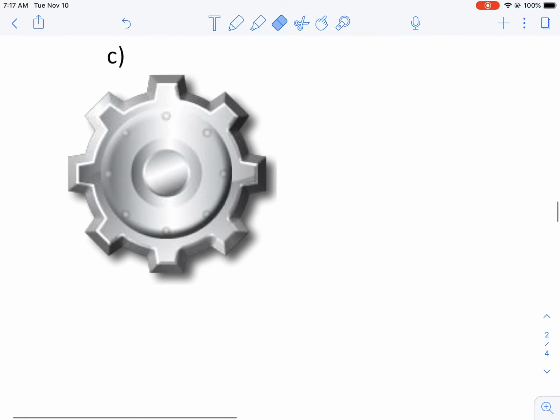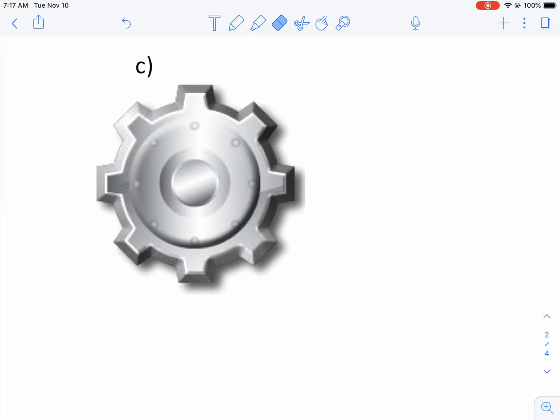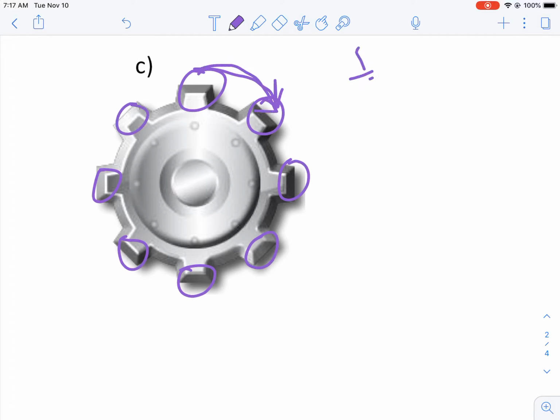C has a lot of symmetry, okay? Remember, the closer it is to a circle, the less it has to go. This only has to go to here to look the exact same, right? So how many spokes are there? There's 1, 2, 3, 4, 5, 6, 7, 8. There's 8. So when it's turning just this much, it's going 1/8 of the way around the circle.